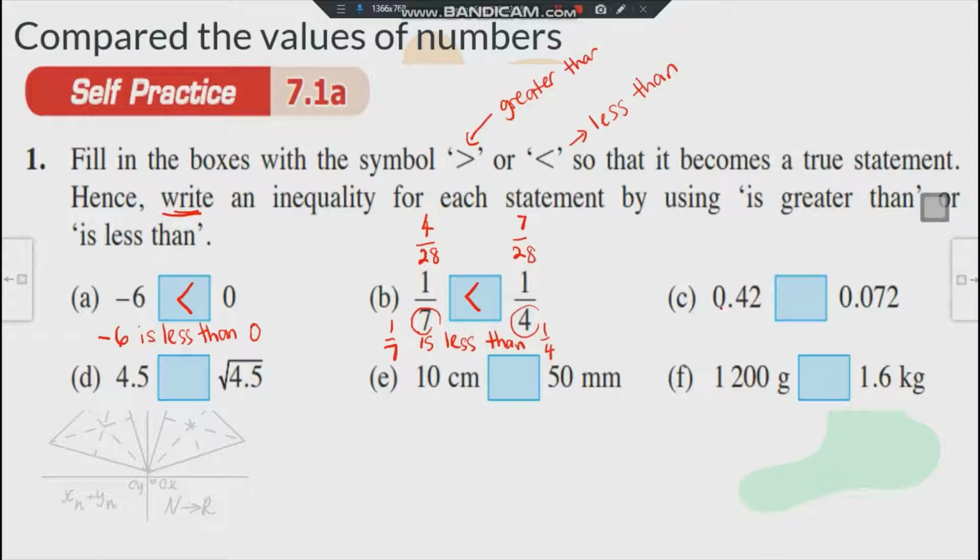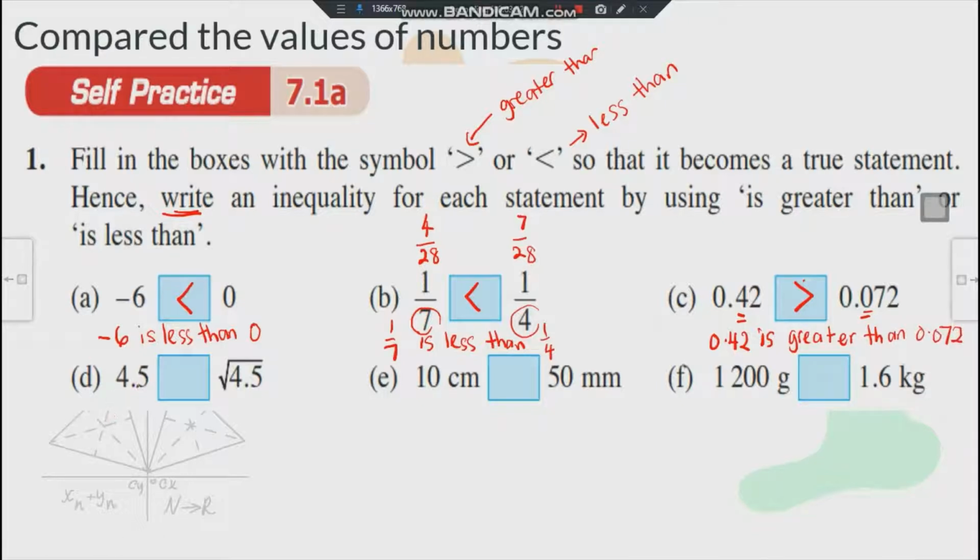Question C, 0.42. We compare with 0.072. Obviously, 0.42 is greater than 0.072. Okay, so the statement is written as 0.42 is greater than 0.072.